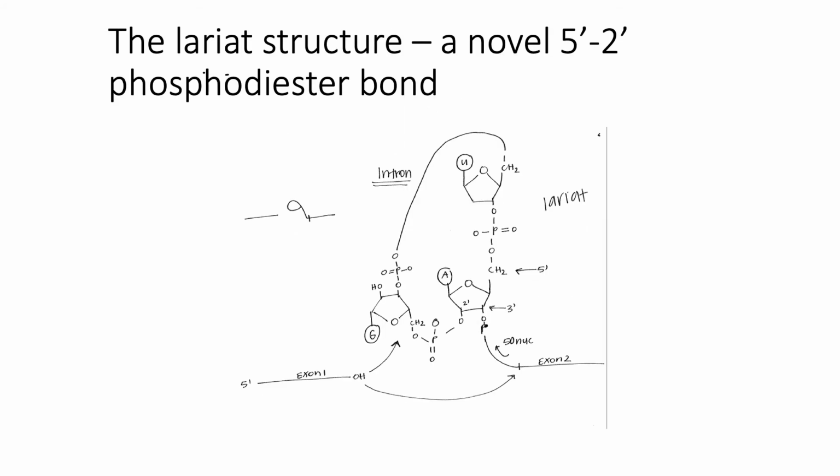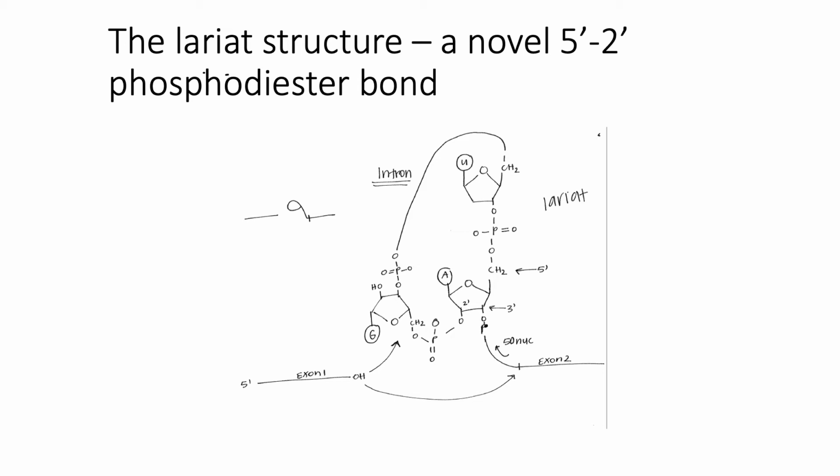So this is just a little bit more detailed structure of the lariat. I just want you to have a sense of what actually is going on here, because everything we've seen is kind of these drawings which really don't describe what is actually happening. So we have the lariat structure drawn by this loop. What actually is going on there? Okay, let's look at the drawing. We have exon 1.